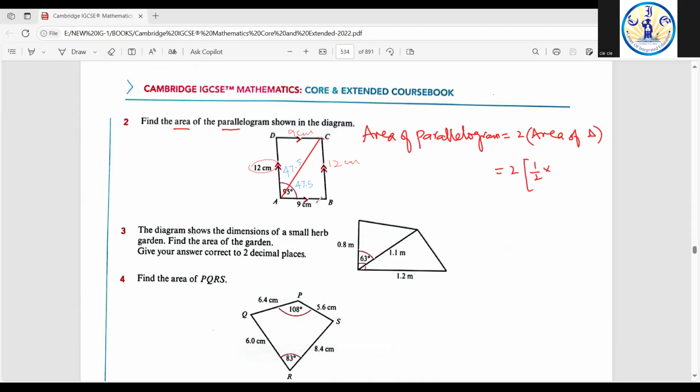Half times the adjacent sides. 9 times 12 times sine of the angle in between. Here we need to consider one thing, that the angles that we need to consider have to be the included angles. So we need to do it with a bit of calculation.